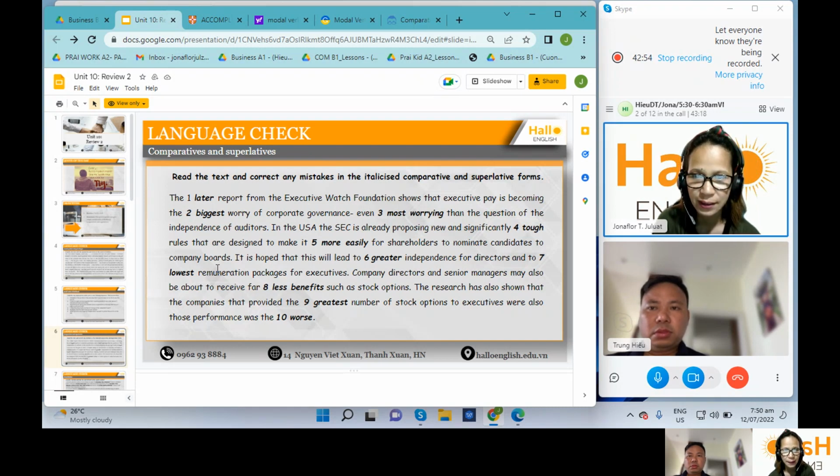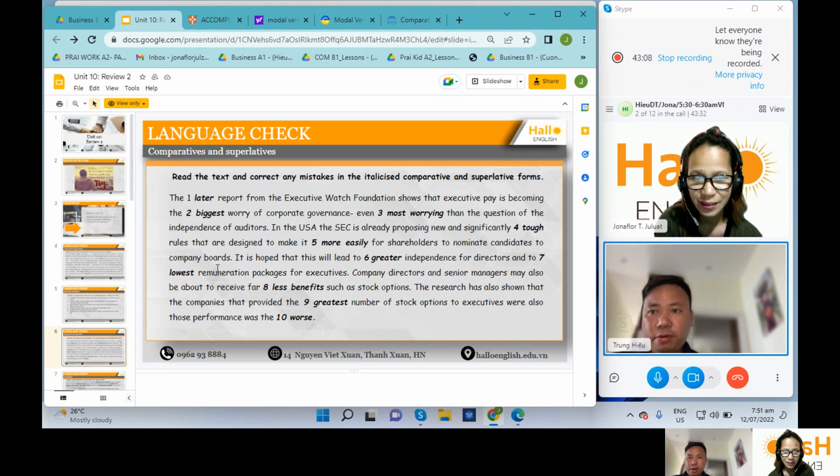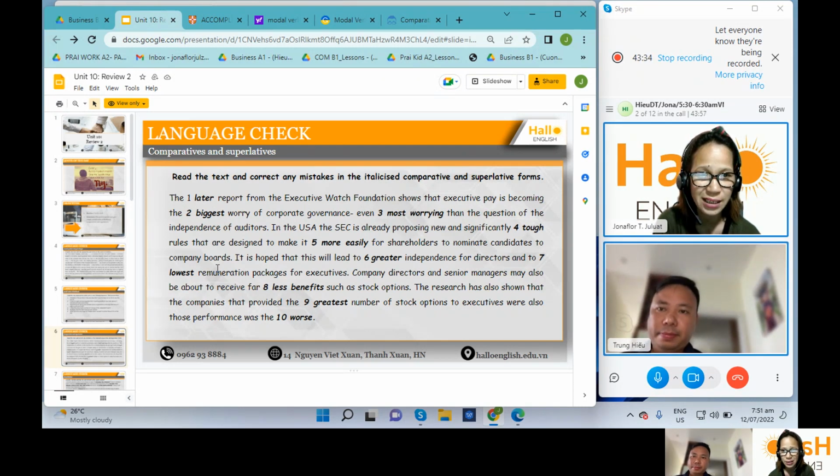Greater or greatest? Greatest. How about the lowest? Is it correct? I think it's correct. Yes. So when you change greater into greatest, the lowest is correct.